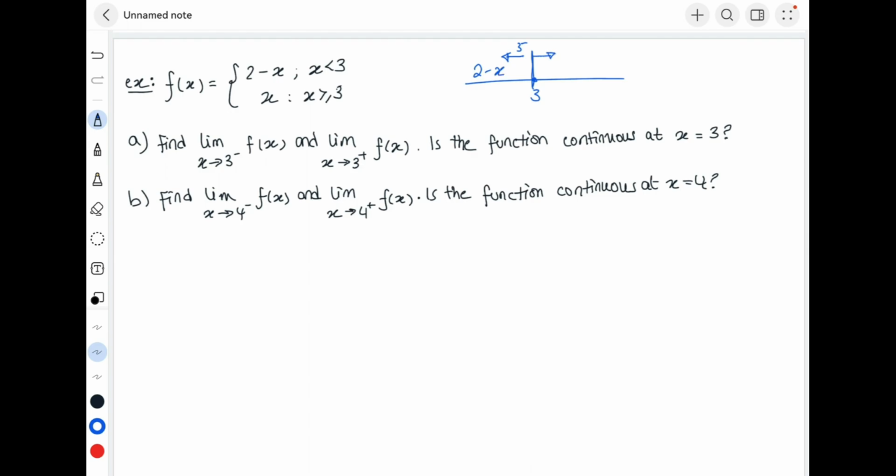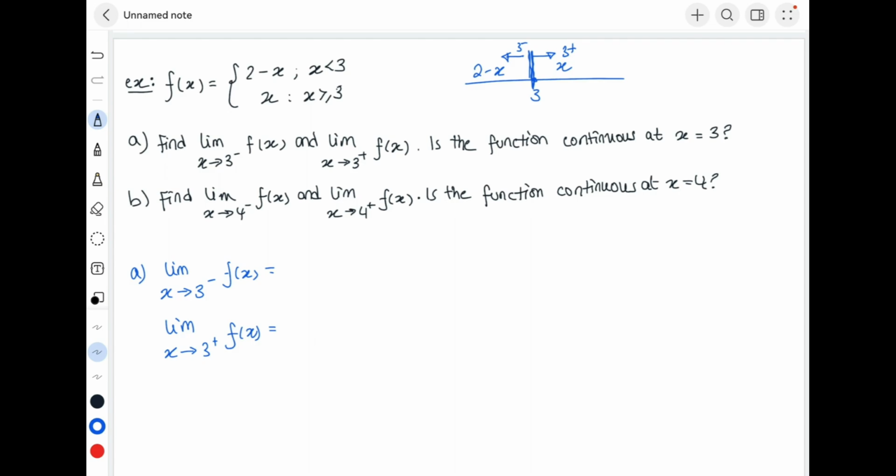And whenever our function is after or equal to 3, we'll be using the function x only. Now, to solve a, we'll need to find the limit as x tends to 3 from the negative side and the limit as x tends to 3 from the positive side to find whether our function is continuous or not.